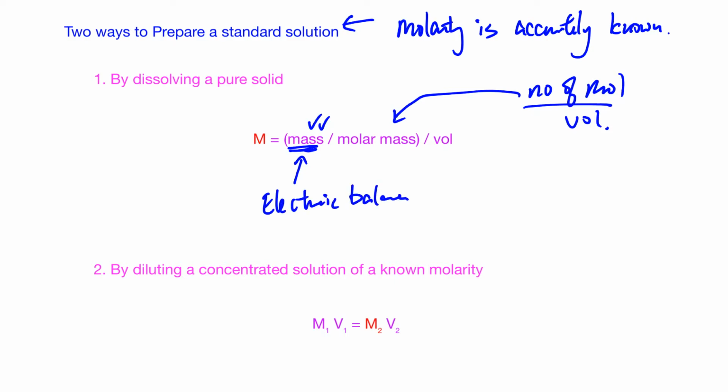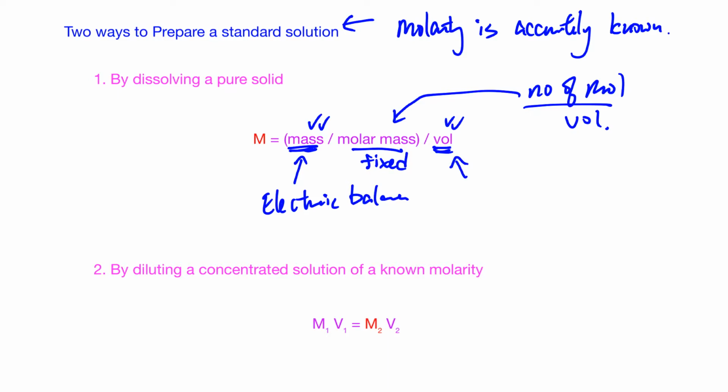The molar mass must be fixed because you find it in the periodic table. If we have an accurately known mass, we know the number of mole, and we dissolve this mass into a fixed volume of solution, then we can make a solution with an accurately known molarity because we know these two parameters accurately.